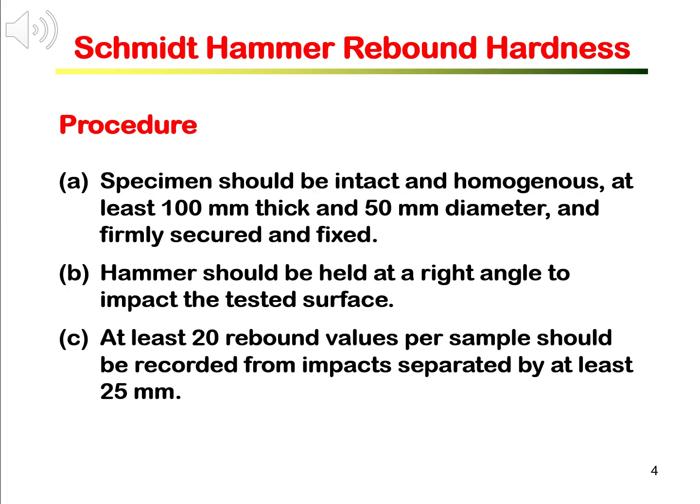Schmidt hammer rebound hardness tests in laboratory are usually on a rock block or on a core end with a flat surface. Specimen should be intact and homogeneous, and at least 100 mm thick and 50 mm side length or diameter, and firmly secured and fixed.